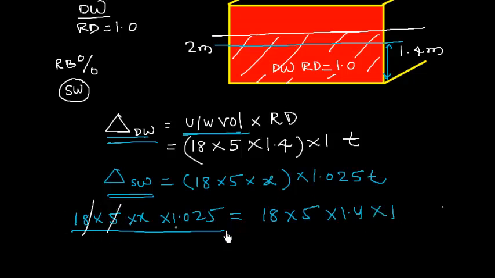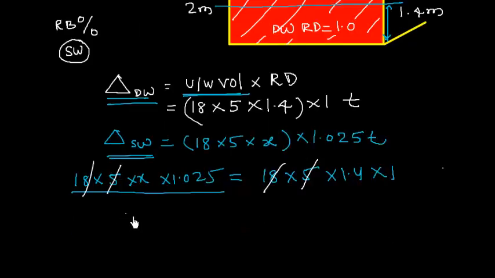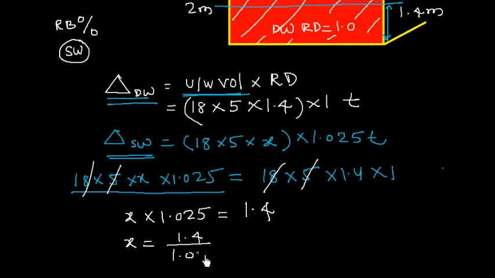Now if we see, these cancel each other and I simply get x into 1.025 is equal to 1.4, or x is equal to 1.4 divided by 1.025, and after punching in the calculator and rounding off, I get 1.3658.